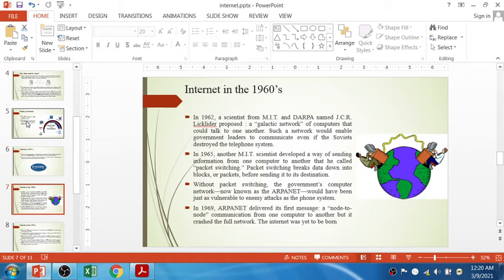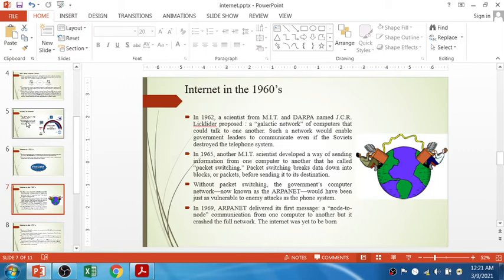That is why your whole information is divided into small parts and transferred over the internet. Without packet switching, the government's computer network, now known as ARPANET, would have been just as vulnerable to enemy attack as the phone system.